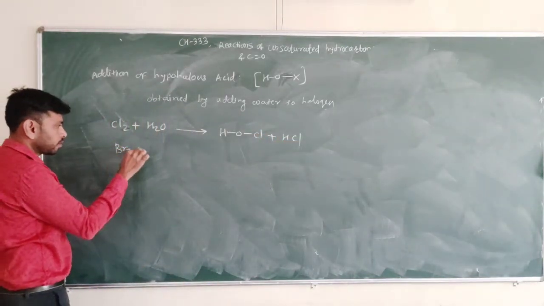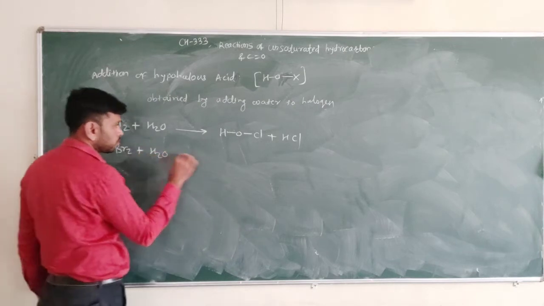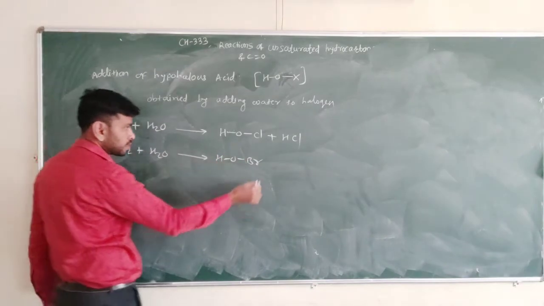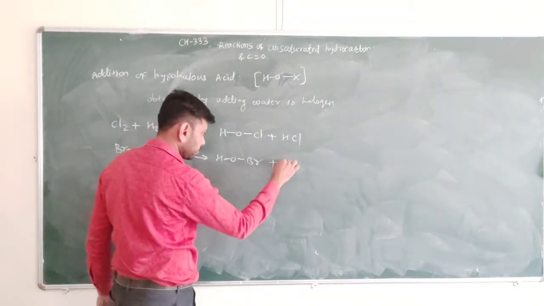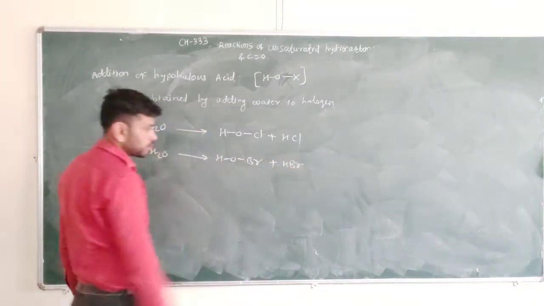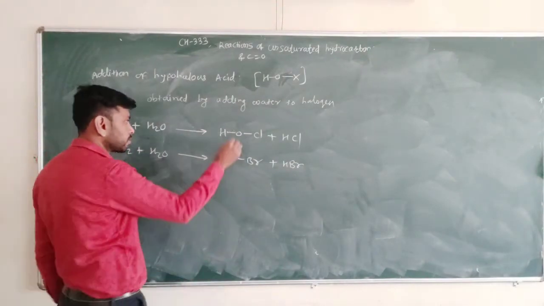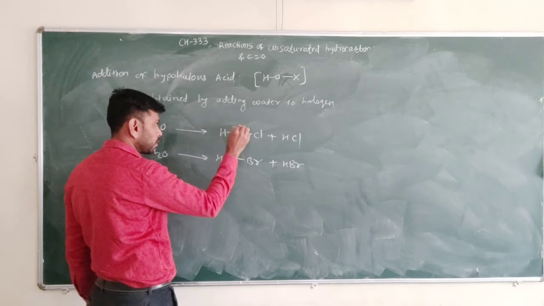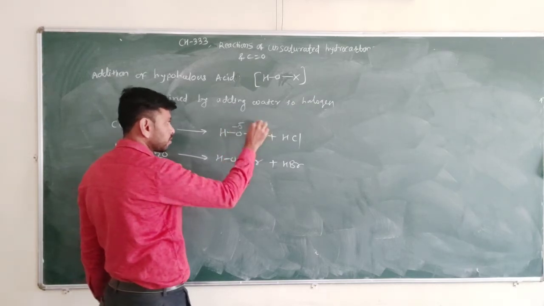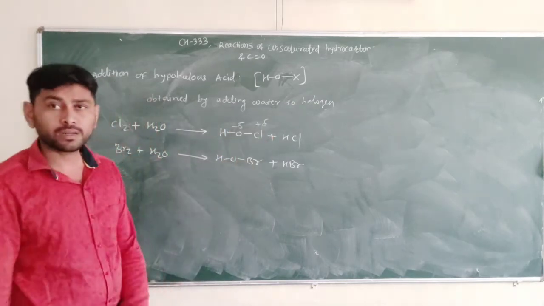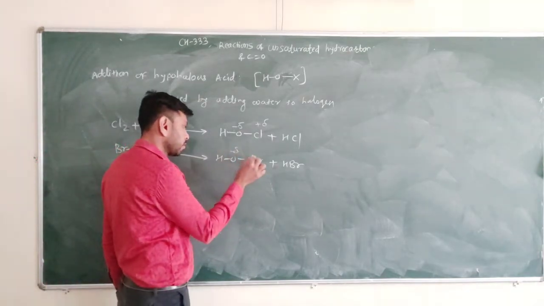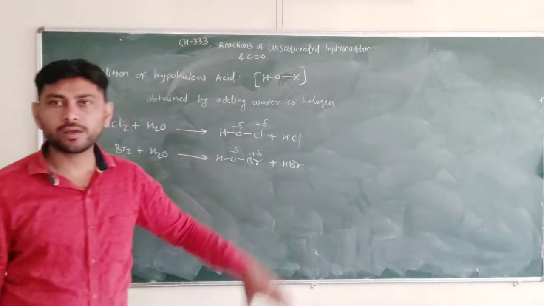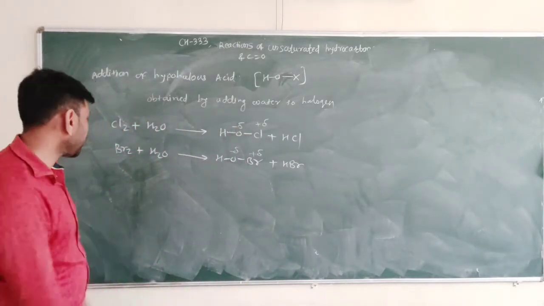If we add water to Br2, then HOBr and formation of HBr. These are hypohalous acids. This hypohalous acid is a polar molecule. The OH is having partial negative charge, and this halogen is having partial positive charge. So this is the generation of hypohalous acid, and then we have to see the addition.